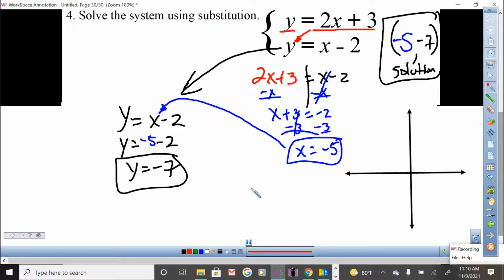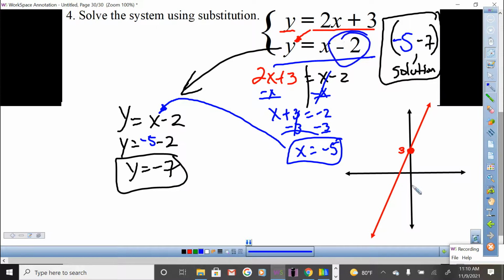Here it goes. I'm going to graph the first equation, y equals 2x plus 3. Here's 3 right there, and that one is going to look something like this. So far so good? All right, next. I'm going to graph the second one in blue, and it starts where?